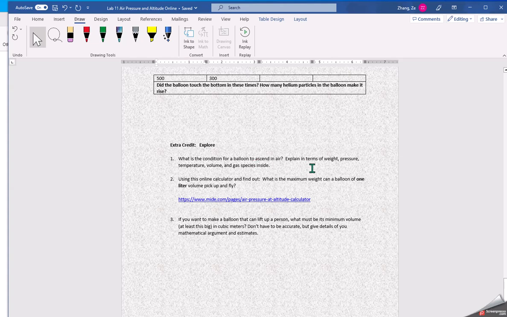Well, the condition is simply that the pressure difference from bottom to top will result in a strong enough buoyancy force that will cancel the weight of the balloon.